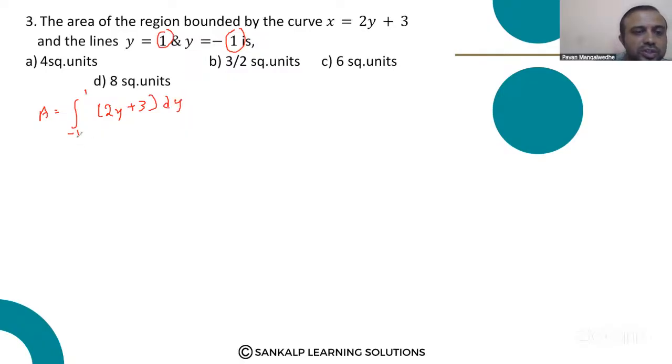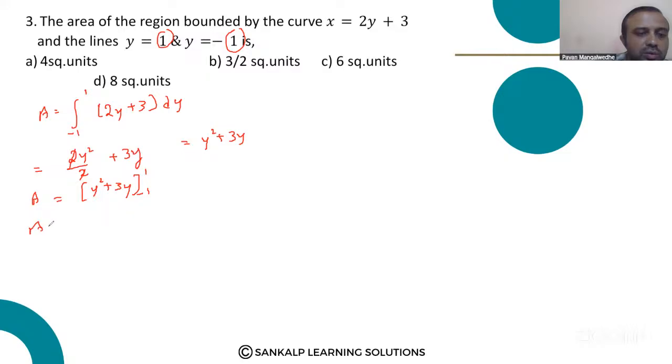Then integrating, 2y becomes 2y square by 2 plus 3y with respect to y. The 2 and 2 get cancelled, so it is y square plus 3y. So area A is equal to y square plus 3y from minus 1 to 1.